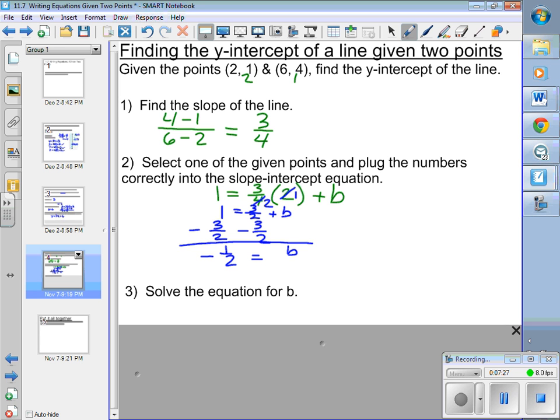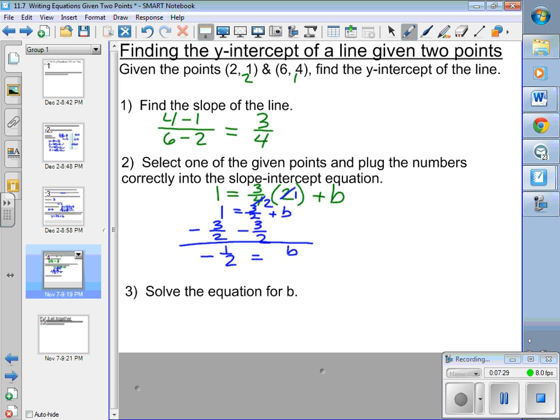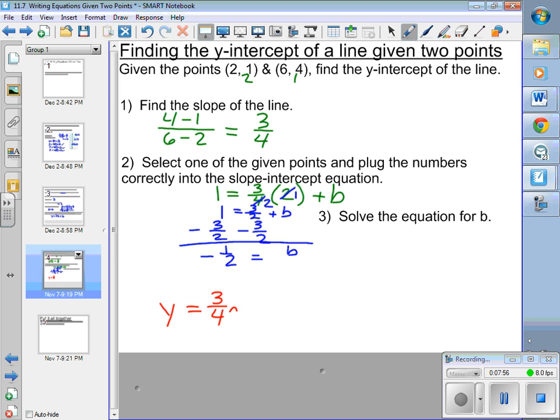So now we solve the equation for b. Oh, I guess I just did that. So now we write our equation. Okay, so my equation then, y equals 3/4 x minus 1/2.